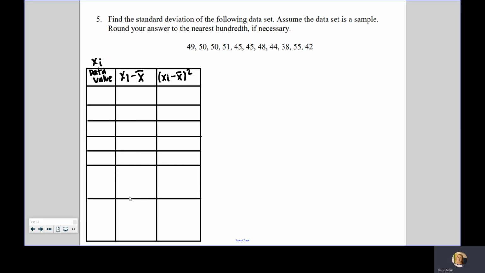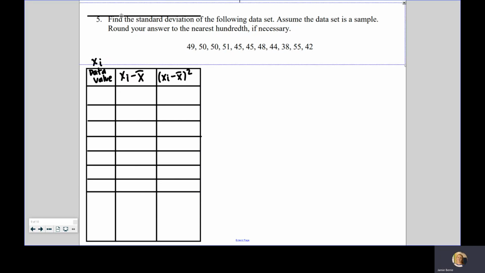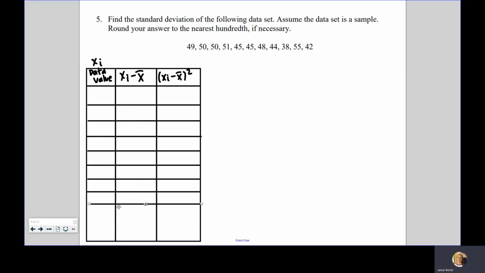Make sure you have 11 rows for our 11 data values. 7, 8, 9, 10, and 11.